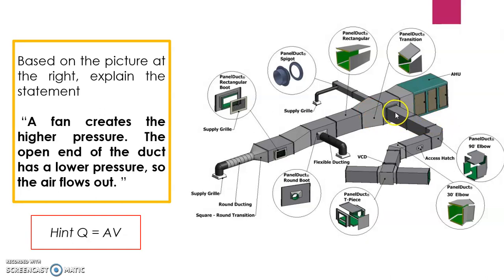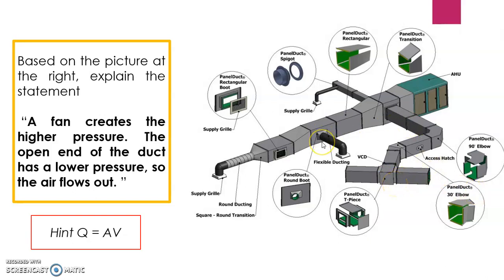Then this is what we call the branch duct. Here is also a branch duct, and here is also a branch duct. For the branch duct, usually we will also have the elbow, the 30-degree elbow, 90-degree elbow, and we also have the T piece that can branch the duct into two other ways.